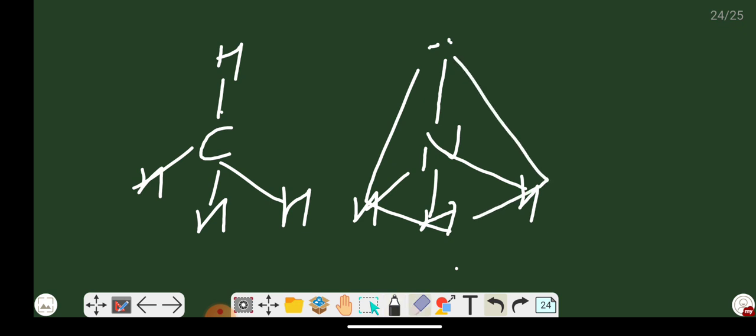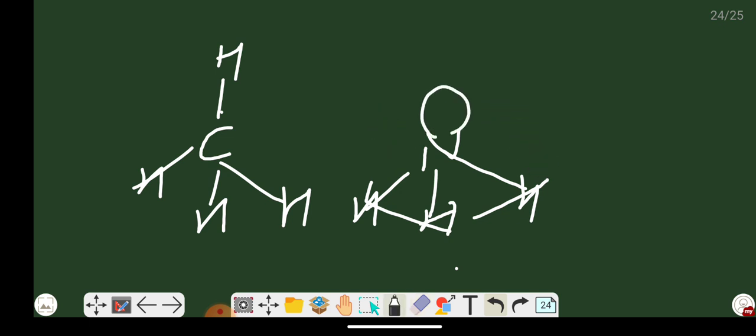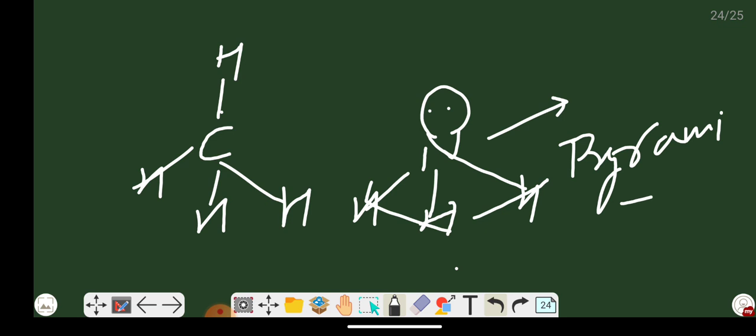Now, as we know, the lone pair does not act as a bond, so this will come at the top like this. So the geometry of the molecule is pyramidal symmetry.